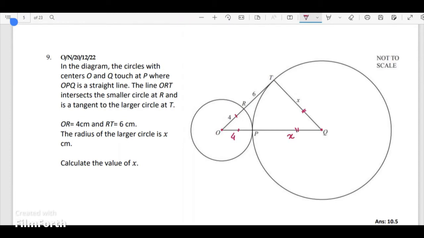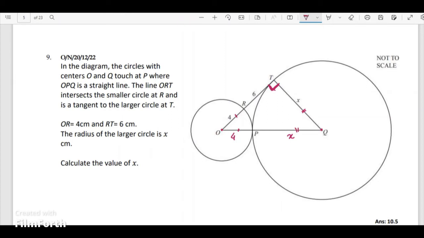Now, this OT line or RT line is actually a tangent to this bigger circle. So this tangent is making an angle with this radius. And we know that this angle is always a right angle, 90 degrees. So let's mark that here. Angle RTQ would be equal to 90 degrees.